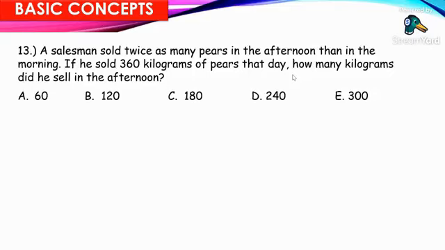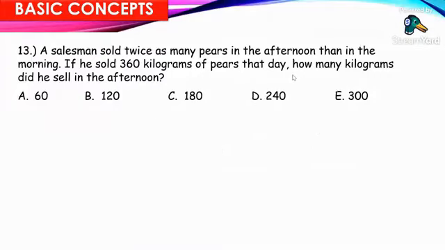Okay, Ma'am Sweet Grace, letter D, 240, with Sir Michael, Iya May, Sir Ruel. Sir Ruel answered letter B. Okay, sige. Ma'am Josephine also answered letter B. Ma'am Jane answered D. Sir Jojo, D. Okay, if your answer is letter B, the second time around, nalito po ulit kayo ng tanong.